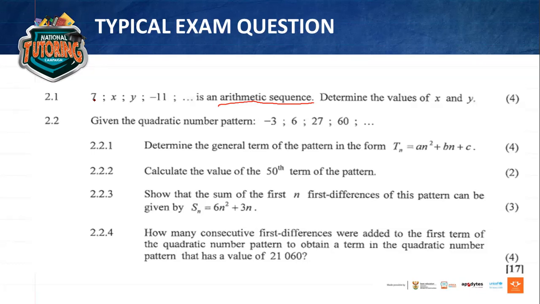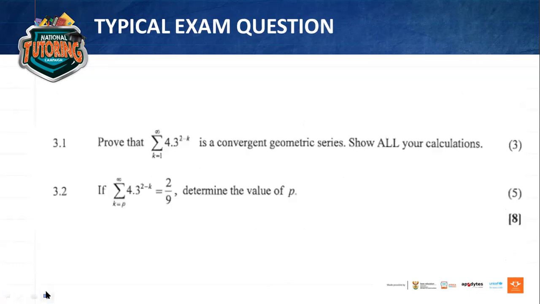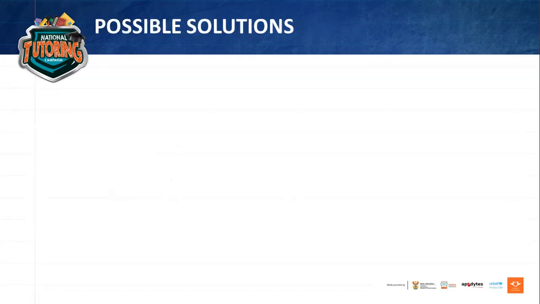So now let's attempt to answer 2.1. We will jump these others and we'll revert back to them shortly. All right. Let's try to answer 2.1. They want us to determine x and y.